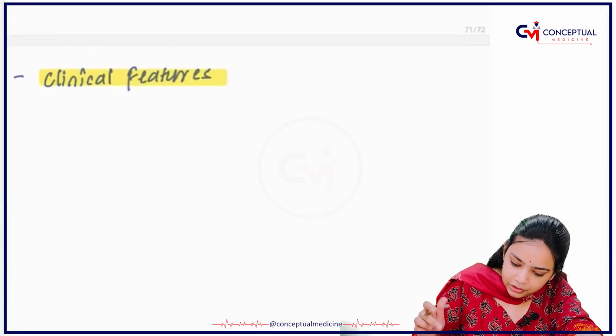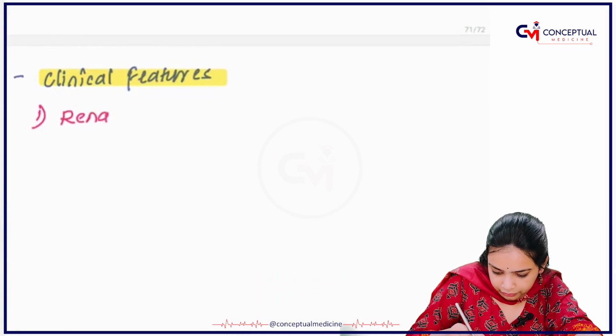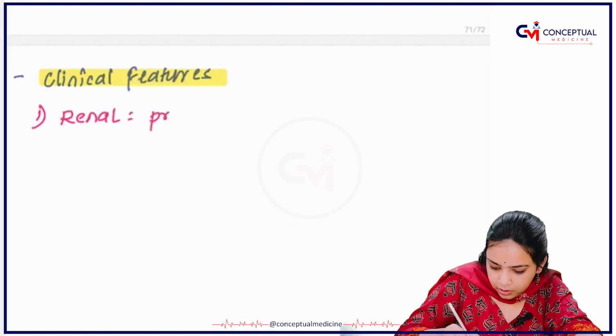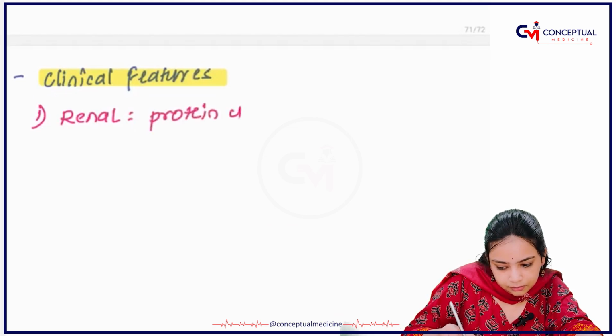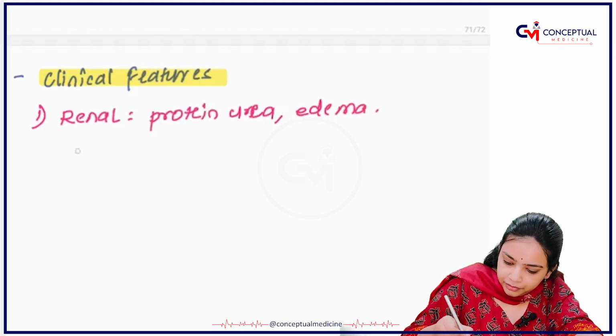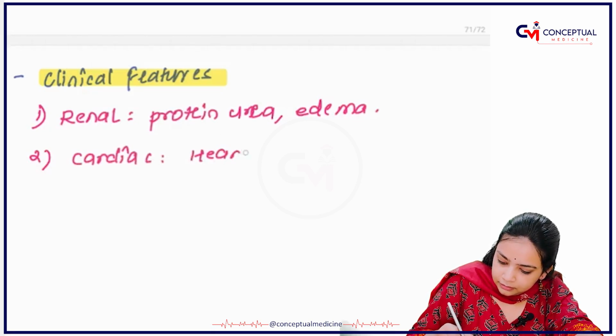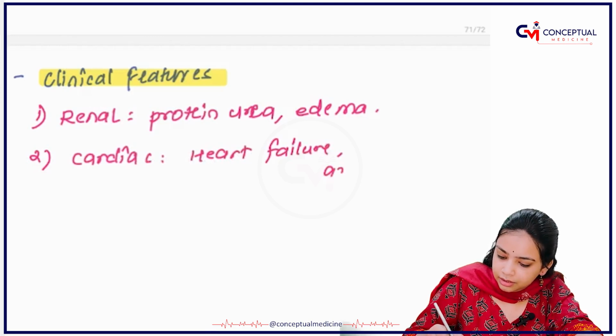So in the clinical features, first in the renal system, you have what? Proteinuria. Then you have edema and then renal failure. In the cardiac one, you have heart failure and arrhythmia.